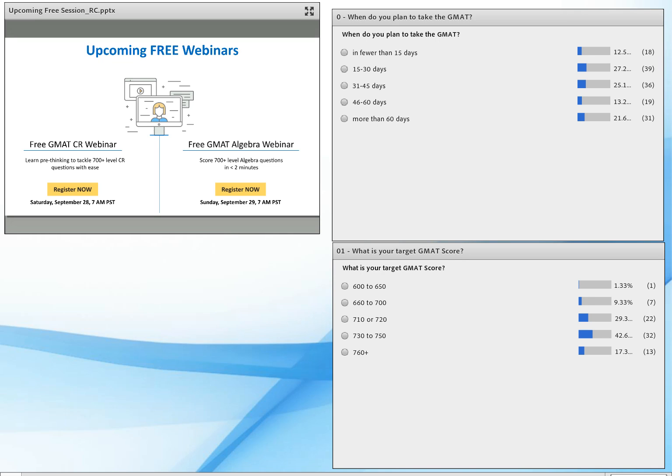It's 730 to 750, definitely the most popular group. 710, 720, also really popular. And then 760 plus is about 20% of you, or as the numbers are changing, about 15% of you. And then about 9% of you are in that 600 to 700 bracket. That's wonderful. Thank you very much for these inputs, guys.